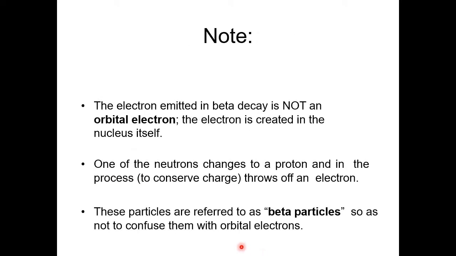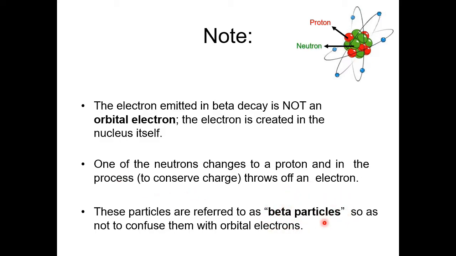Actually, the electron emitted in beta decay is not an orbital electron. The electron is created in the nucleus itself, and these particles are referred to as beta particles so as not to confuse them with the orbital electrons.